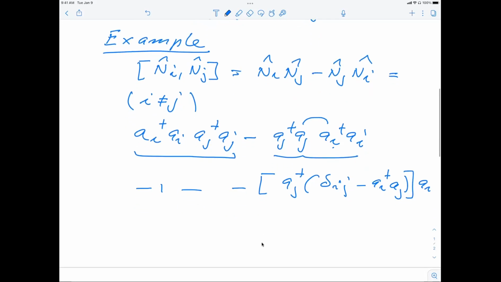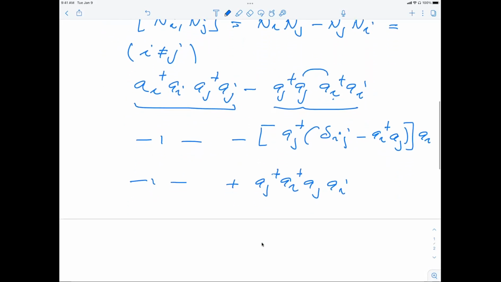Then I know the first term is equal to 0. So this becomes equal to minus, and then I have a minus, so that becomes a plus here. So then I have an a_j†, then an a_i, then an a_j, and then an a_i. Now I can reorder.